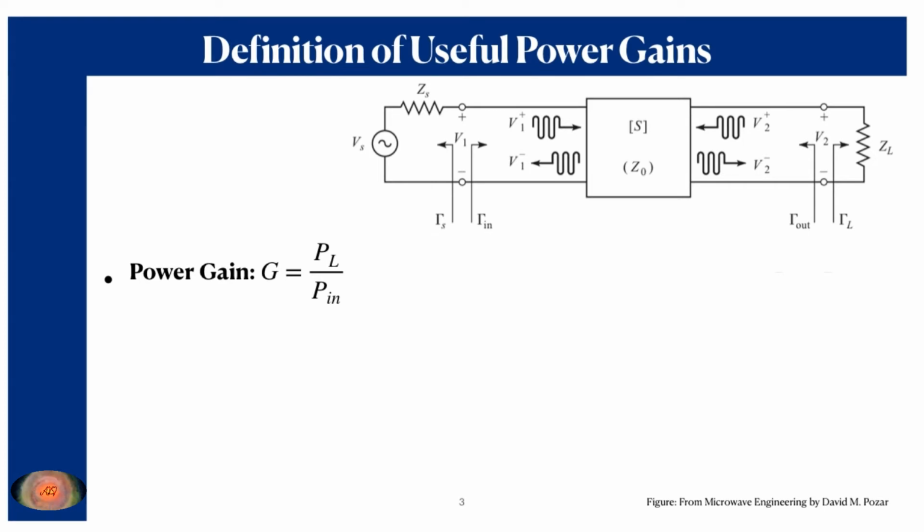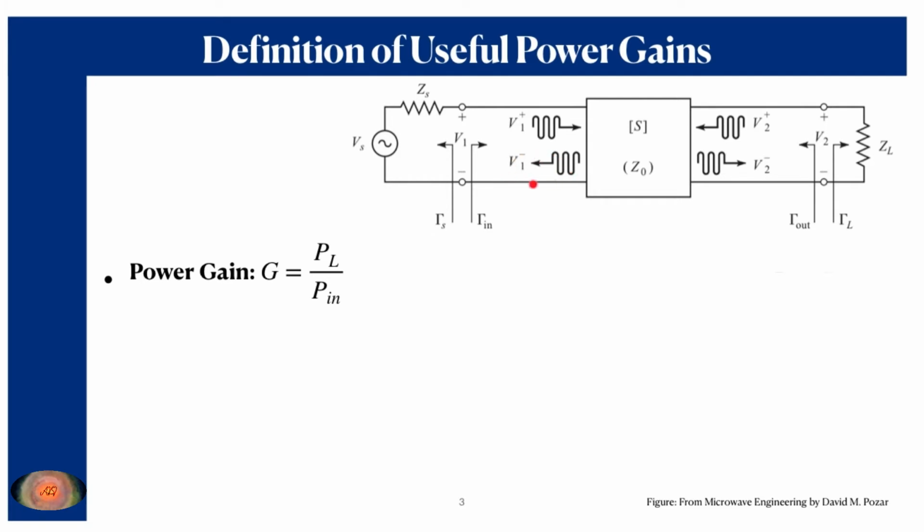So if there exists a mismatch between the input impedance which is appearing between these two terminals with that of the characteristic impedance of the transistor, then the reflected wave V1 minus should be generated.